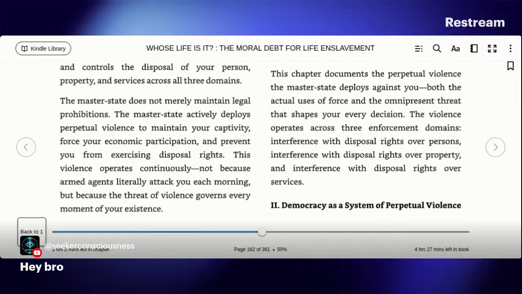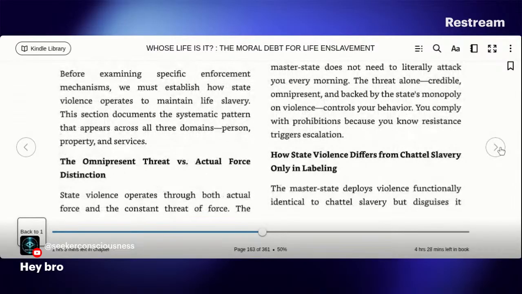Democracy as a system of perpetual violence. Before examining specific enforcement mechanisms, we must establish how state violence operates to maintain life slavery. This section documents a systematic pattern that appears across all three domains: person, property, and services. The omnipresent threat versus actual force distinction.